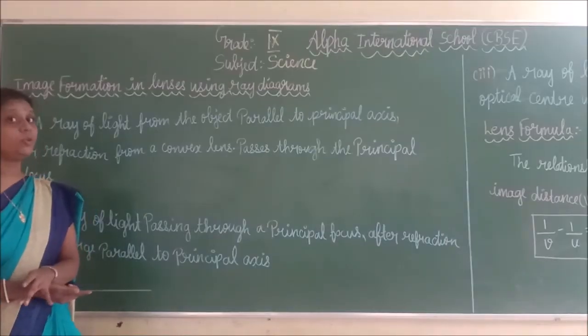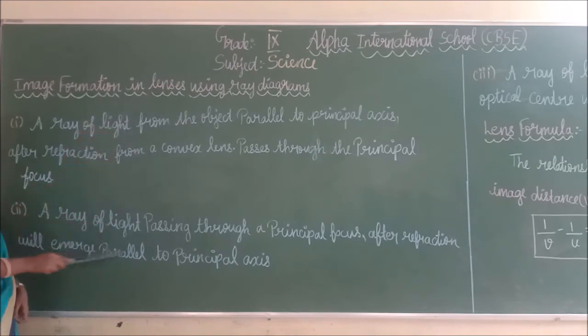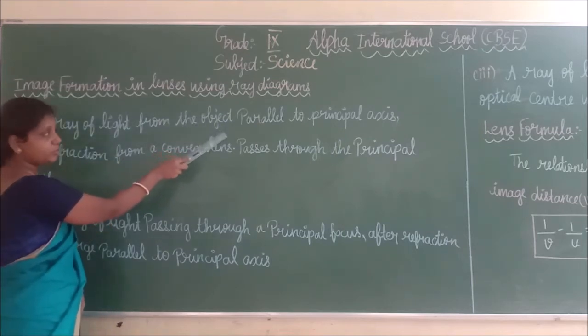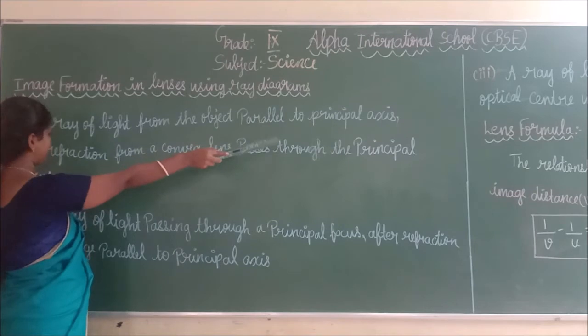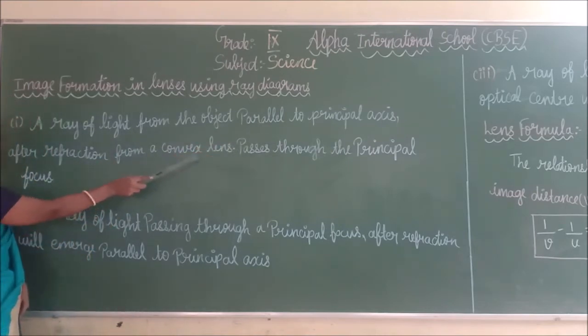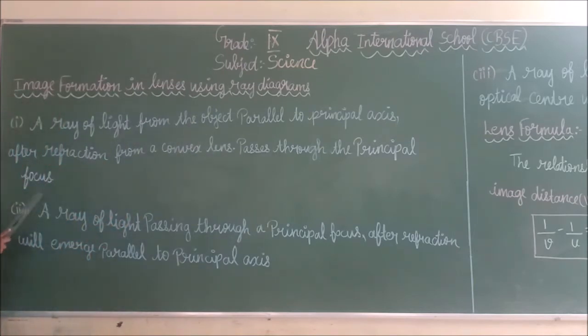Next, we are going to revise the image formation in lenses. For that, three rules are given. A ray of light from the object parallel to the principal axis, after refraction through a convex lens, will pass through the principal focus.